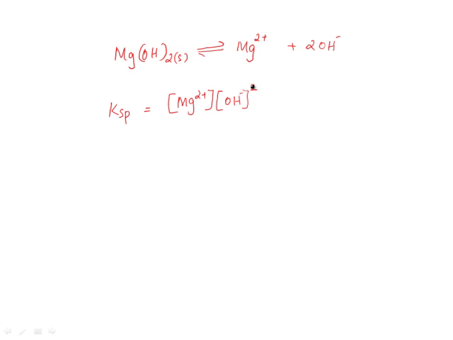Okay. Now let's see what we are given. We are given the pH of the solution. pH is 10.17. So what is the pOH? 14 minus 10.17. Because when you write this, you are stuck.